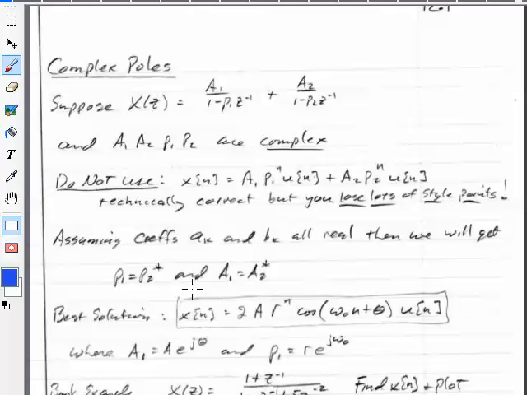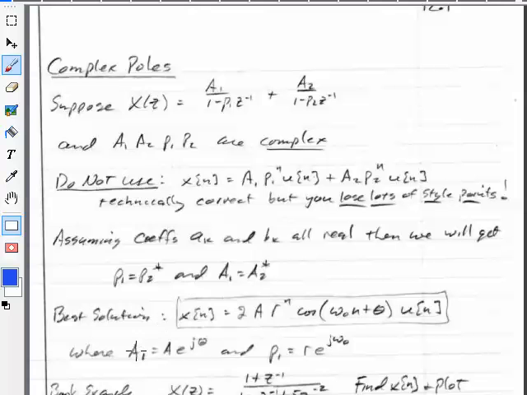Then the elegant way to write the inverse Z transform is as follows. x of n is 2A r to the n times cosine of omega naught n plus theta, where this A is the magnitude of the residue, a, I've written it out here, and that theta is the angle.